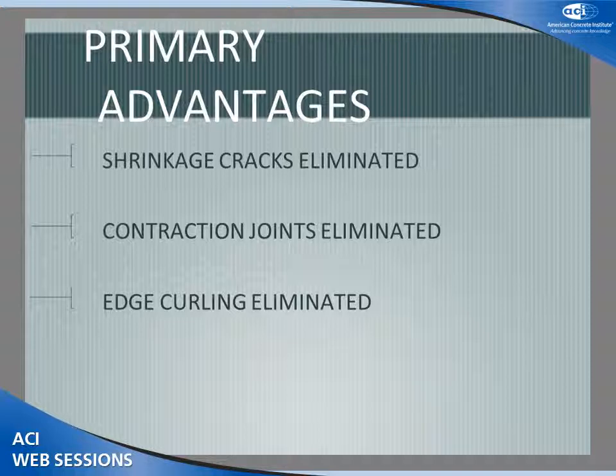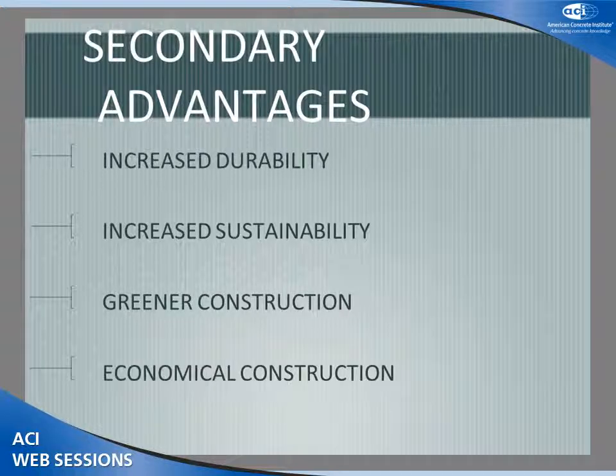At the same time, the expansion mechanism of the shrinkage compensating concrete counters the top surface shrinkage, thereby eliminating edge curling at slab edges and at the expansion joints. Now, here are some secondary advantages, and though this isn't all of them, here are four of them primarily: the increased durability of the concrete, the sustainability, greener construction, and economical construction.